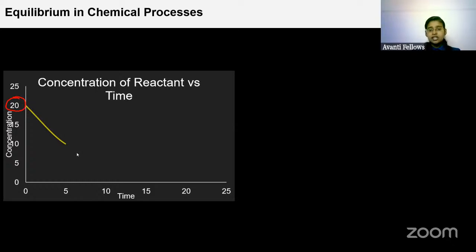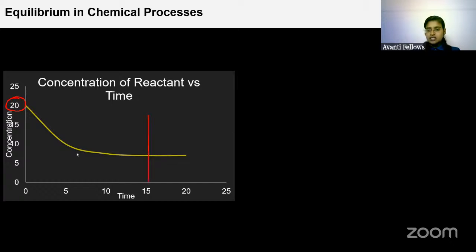After 10 minutes it is still decreasing, and after 15 minutes it is decreasing only slightly. After 20 minutes it follows a straight line; it is not decreasing, it is maintaining a single path. The concentration remains the same after some time.